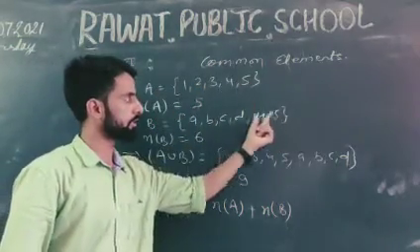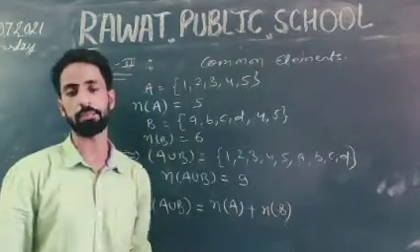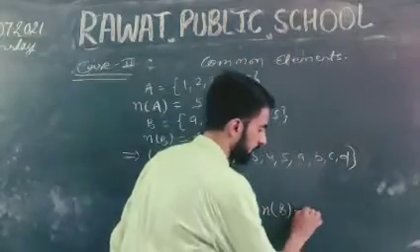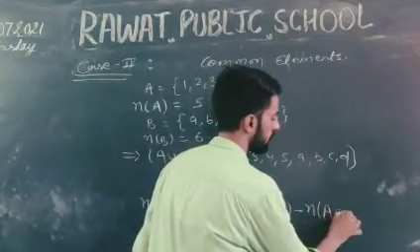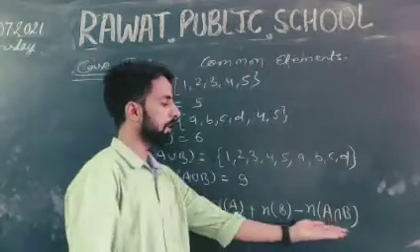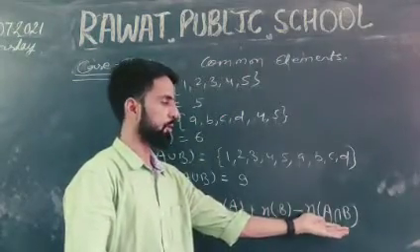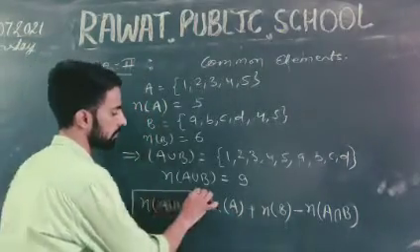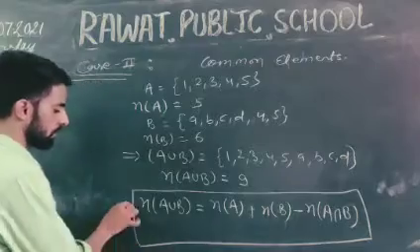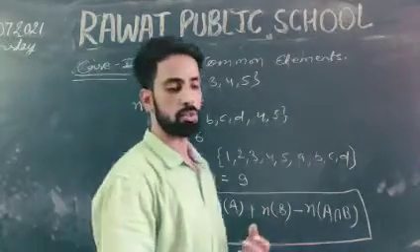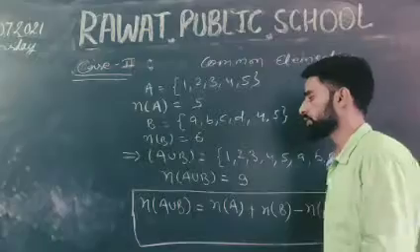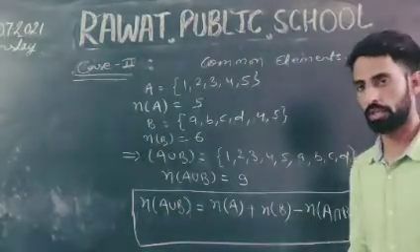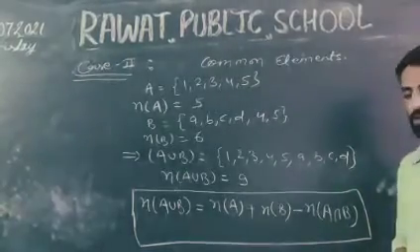That means I have to subtract the common part one time, so I write minus n(A intersection B). One time the common parts are eliminated because they have been counted in these two. This is the formula we can use if there are common elements between two sets and we want to know the total number of elements in their union.